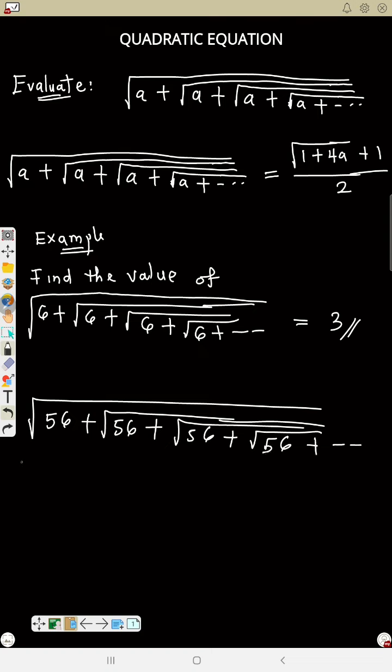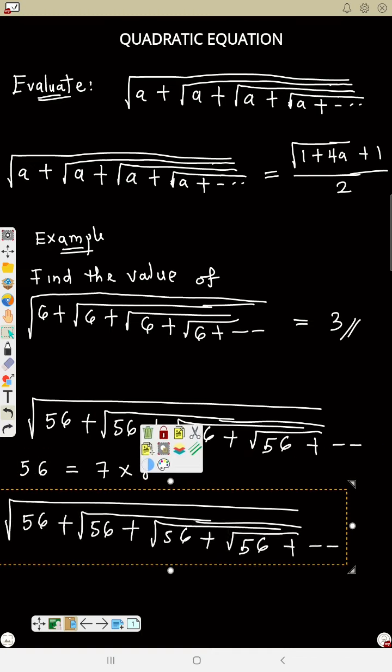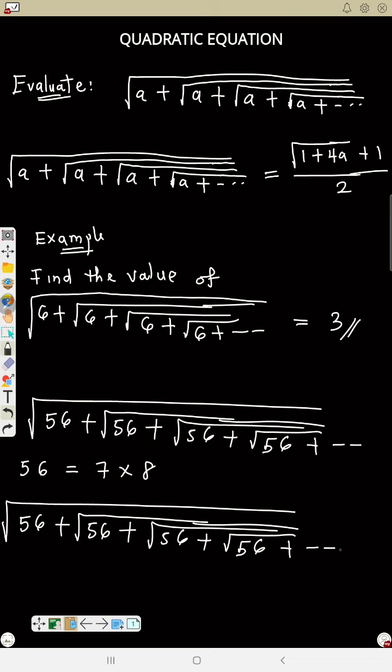If I can change 56 to a product of two consecutive integers, and 56 is 7 times 8, then if I take the largest number, the result of this question is 8. So this is equal to 8, as in the largest number. So that is the short method you can use. And if you can remember the formula also, you are good to go.